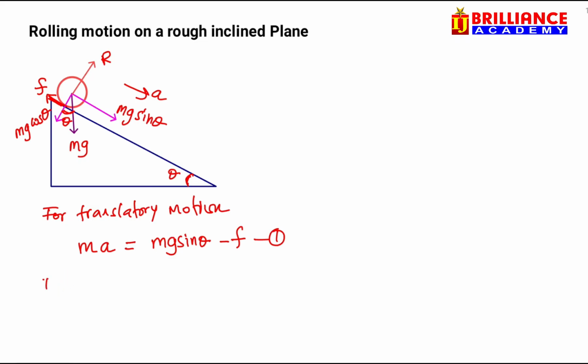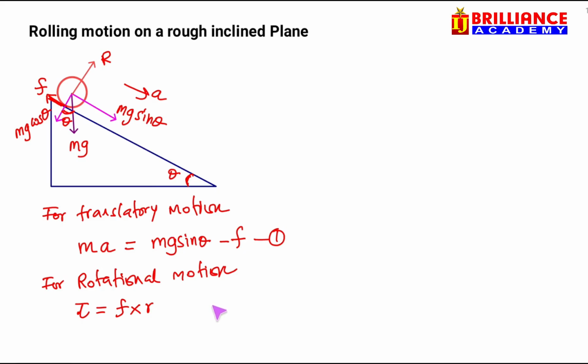In the same manner, we have to write for rotational motion as well. For rotational motion, we have to write torque. Torque is the rotational analogue of force. You know the formula for torque, which is force into force arm. The radius of this object is small r, so f into r is the torque, which is helping the rolling motion.